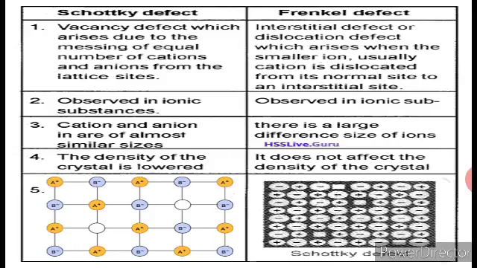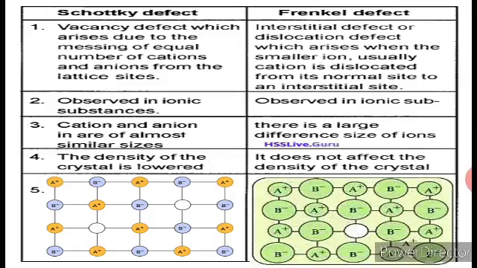While in Frenkel defect, the number of ions is the same; they are not leaving the crystal lattice, only dislocation is taking place. That's why mass remains unaltered, volume is unaltered, so density will also be the same. So due to Frenkel defect, there will be no change in density.